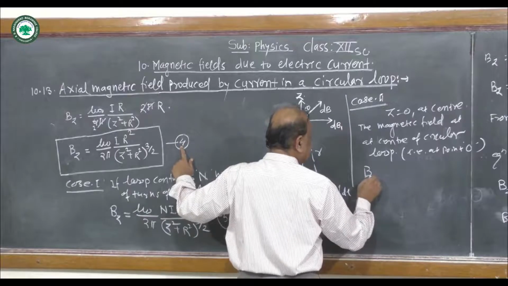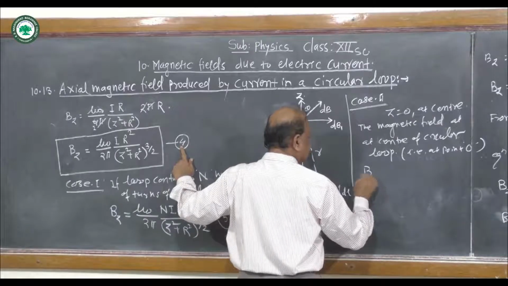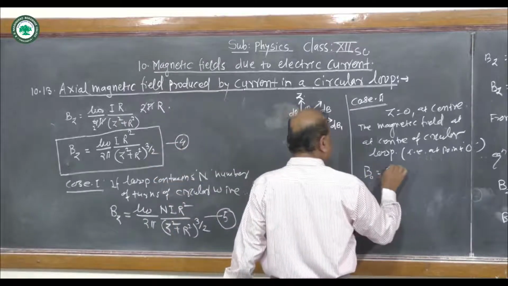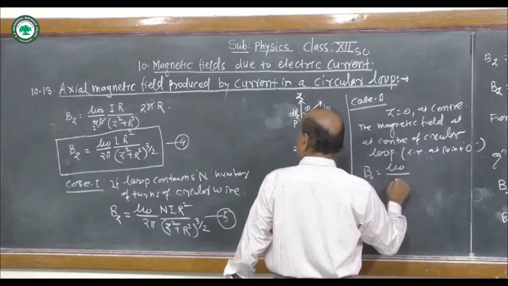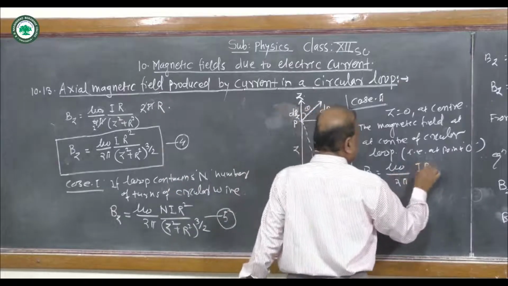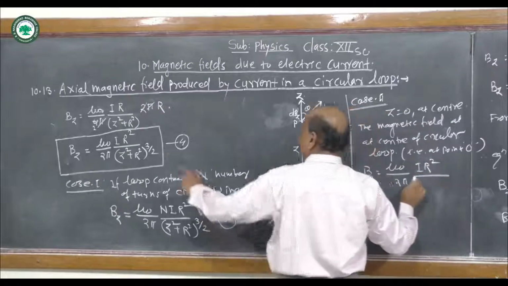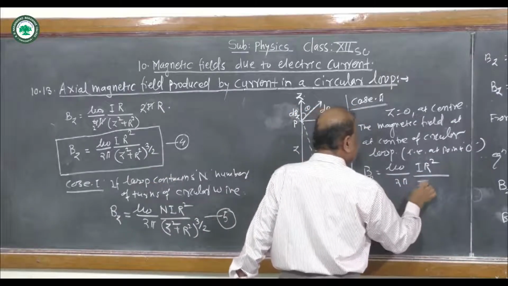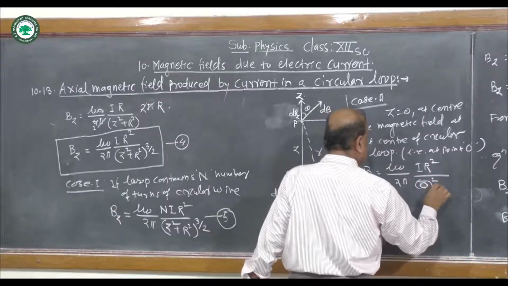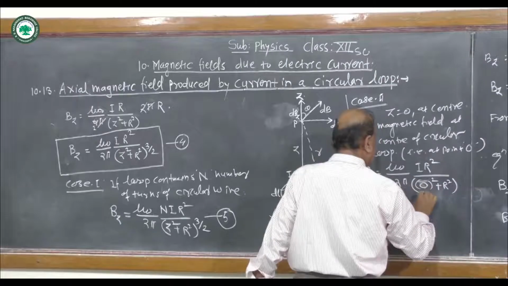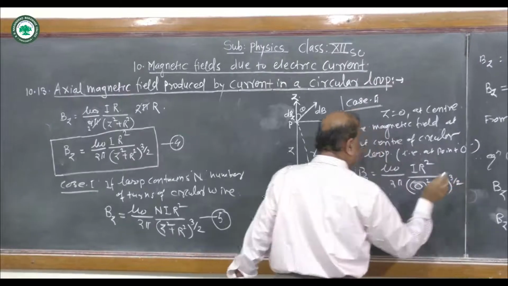Bz, which is at the center, that is B0, is equal to mu 0 upon 2 pi I r square divided by 0 square plus r square raised to 3 by 2, since z is 0 here.